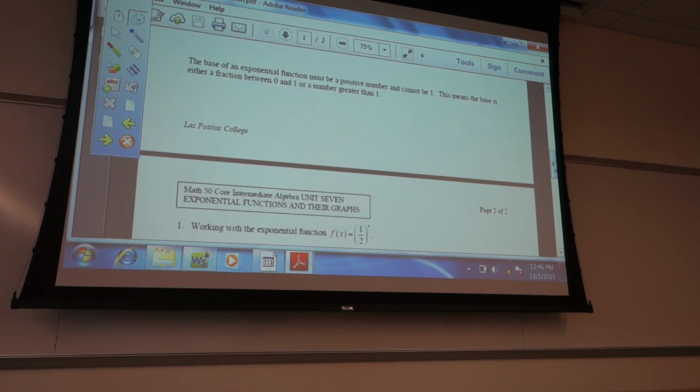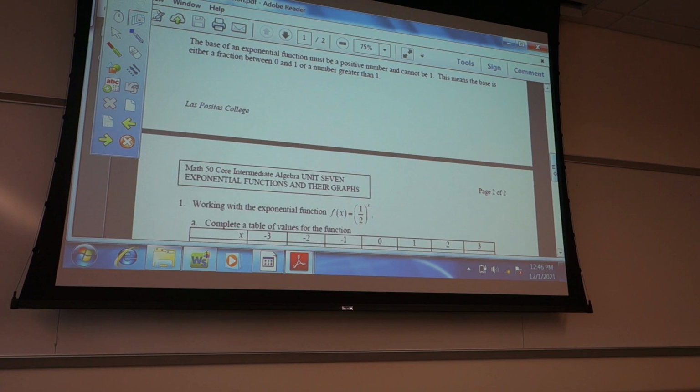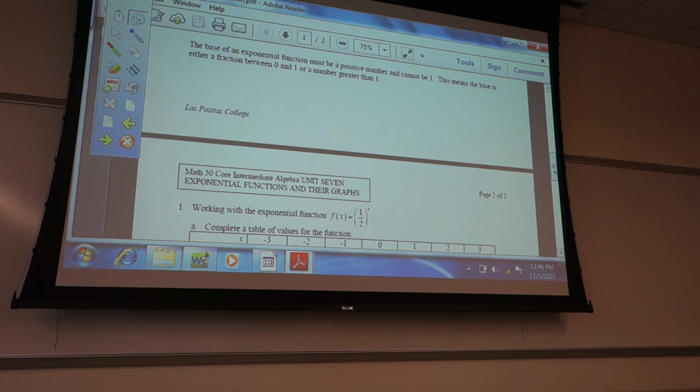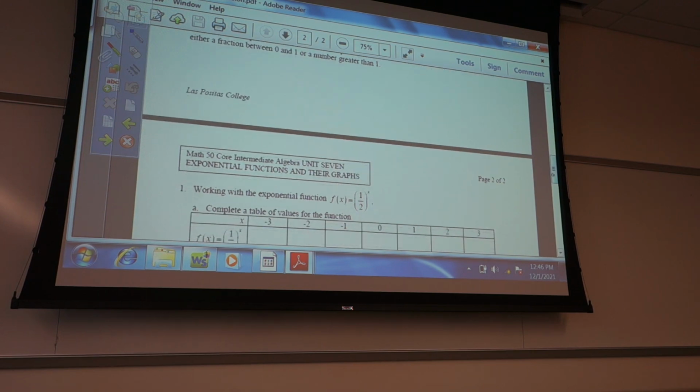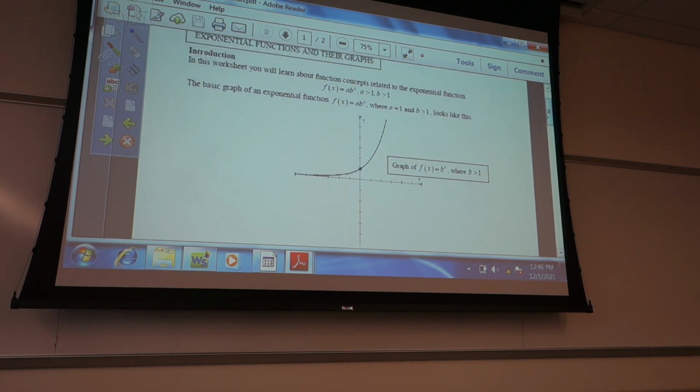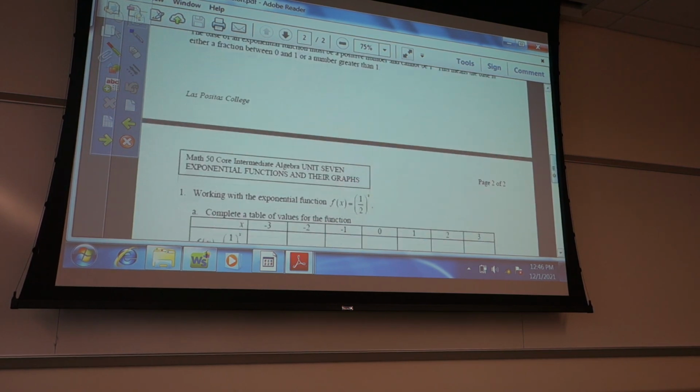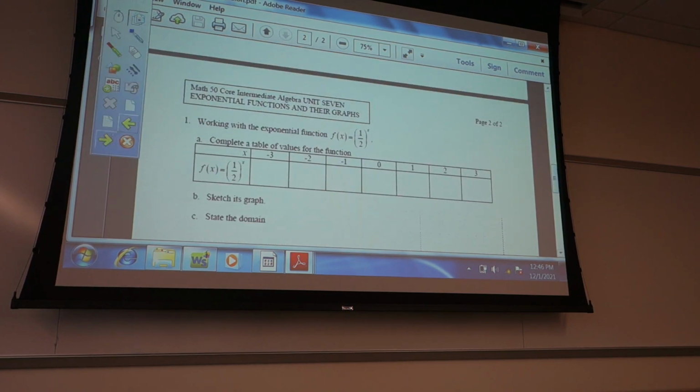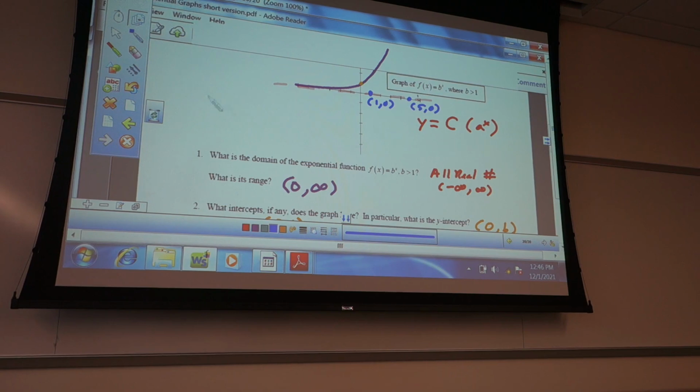The base has to be a positive number and cannot be 1. That means it's either a fraction between 0 and 1 or a number greater than 1. Let me go back here. This is what we call the base.